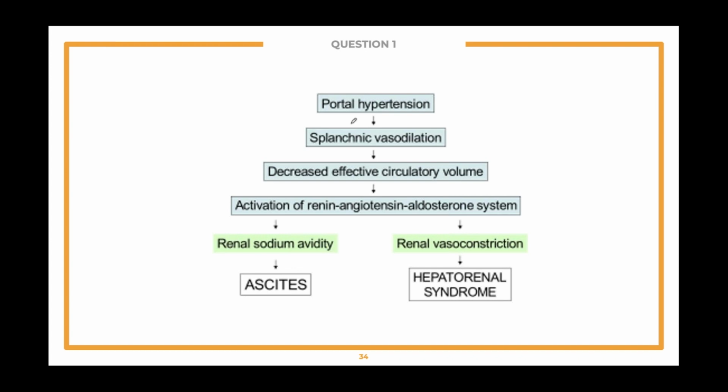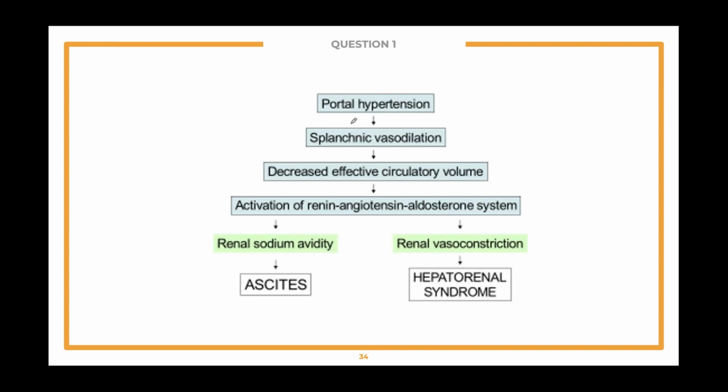What that leads to is splanchnic arterial vasodilation. Basically, it tries to provide blood flow to the gut, essentially. So vasodilation of the splanchnic arteries to provide more blood flow to the gut.